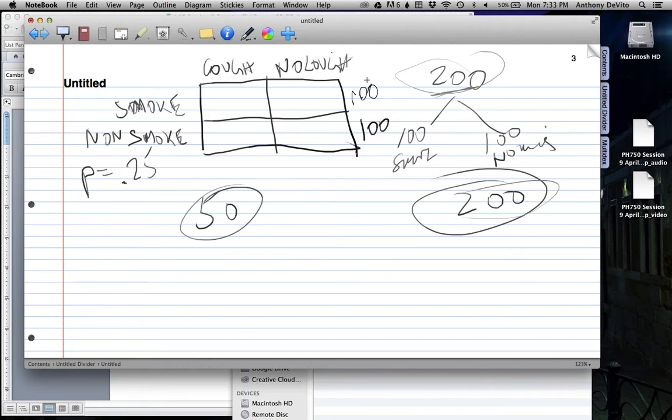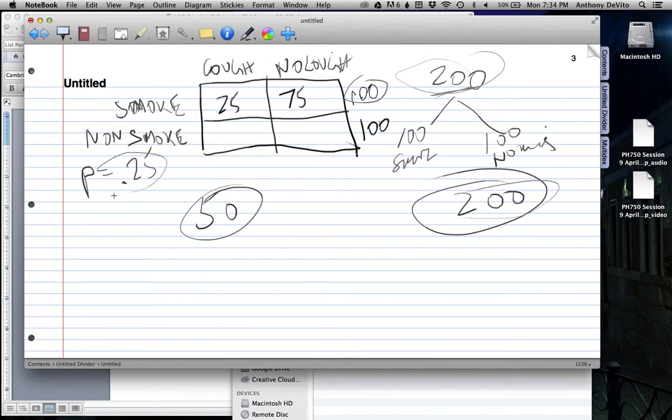Let's assume there's no difference between smokers and non-smokers. Out of those 100 smokers, how many people with a cough would we expect to get? What's the prevalence? 25%. So we'd expect 25 smokers. How many people would we expect not to have a cough? 75, right? There are 100 people altogether. Okay, how about non-smokers?